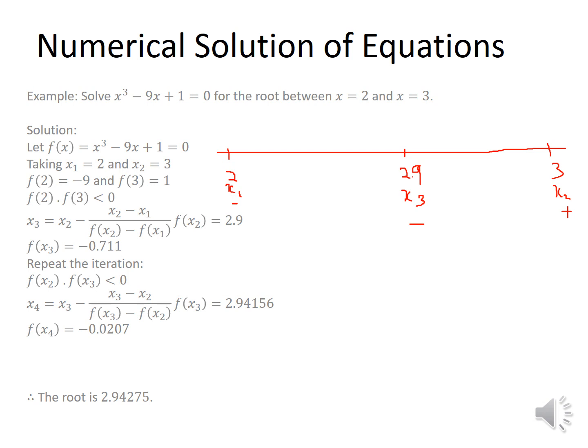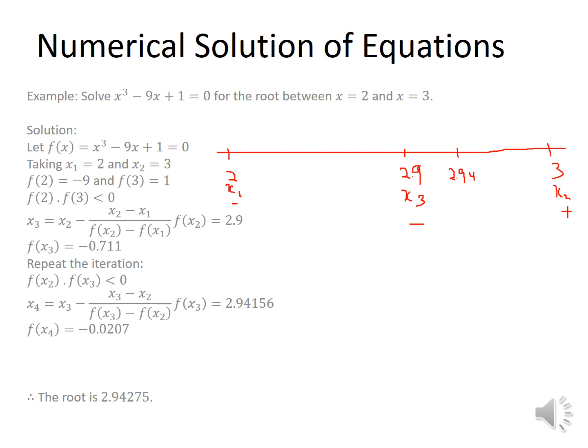So for x4, use this formula and you calculate, you will get the value 2.94. And you substitute into our original function, you will have negative 0.02.